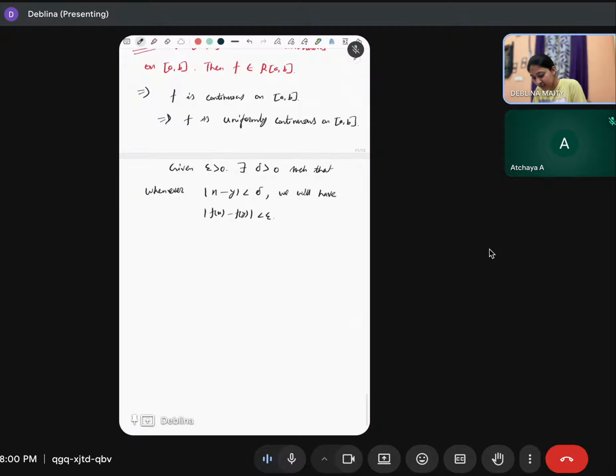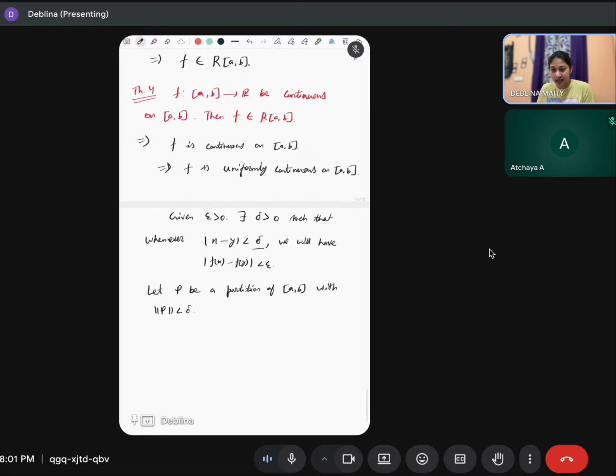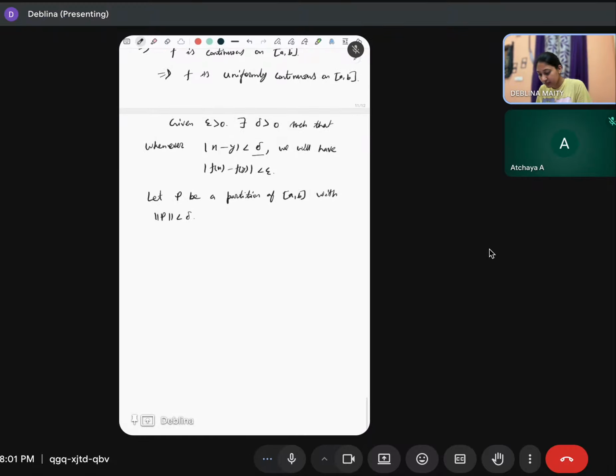Now we'll take a partition. Let P be a partition of [a, b] with norm of P less than this delta, the delta coming from this uniform continuity, right? So for integrability we have to find a delta for given epsilon, so we are choosing this delta. So P is a partition with this condition.